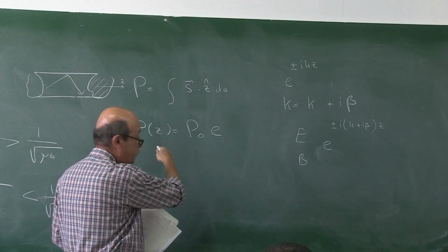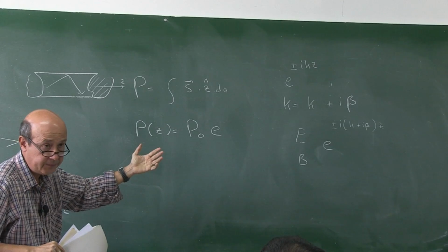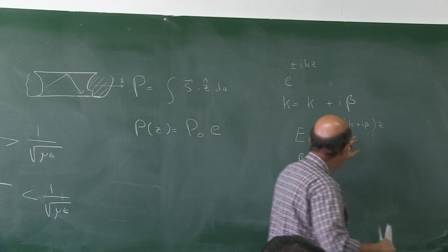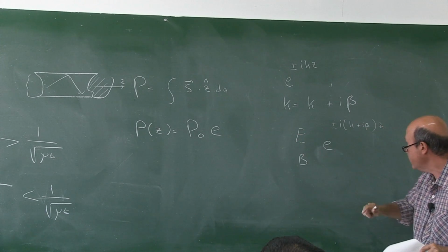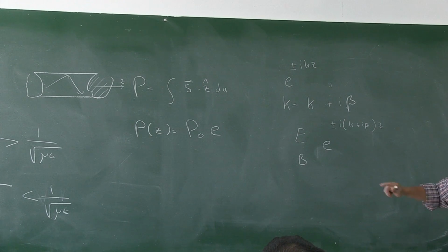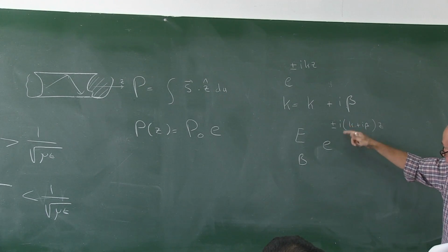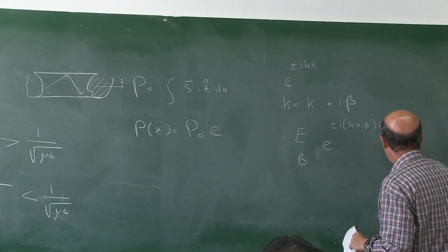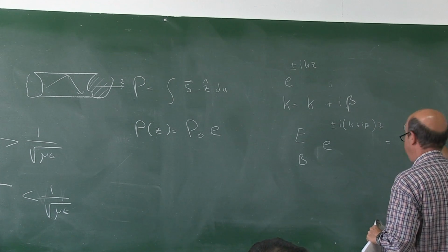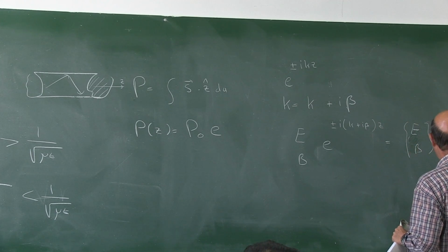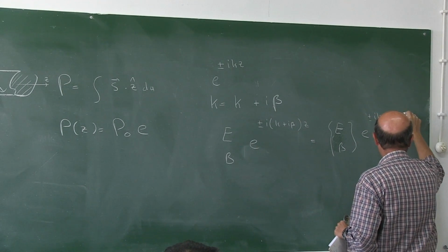So what should that exponential be? This power should decay during the travel in the waveguide, and that decay is related to the attenuation coefficient. Power is related to E square or B square. Therefore, if you take the square of this term, what are you going to obtain? This is equivalent to some E or B, e to the plus ikz, e to the minus beta z.